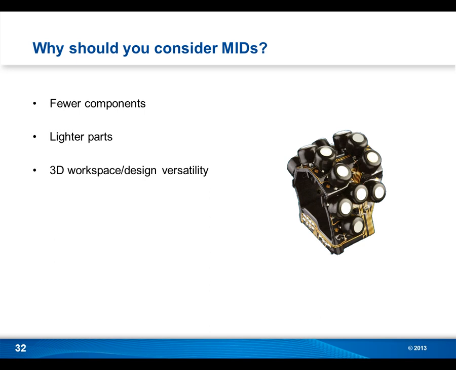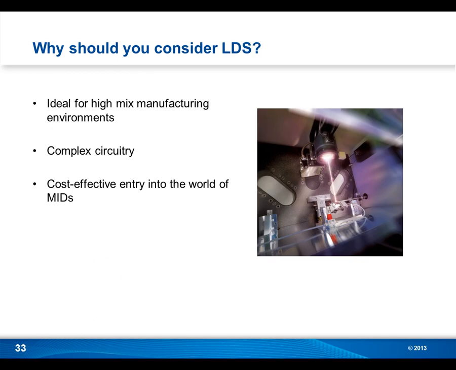Again, this part on the screen, that motorcycle handlebar we looked at earlier, is a great example of using the 3D space you already have to put your circuitry right on there. And then jumping off of that, why would you want to use LDS to create your MIDs? Well, as we mentioned, it's ideal for high-mix manufacturing environments.